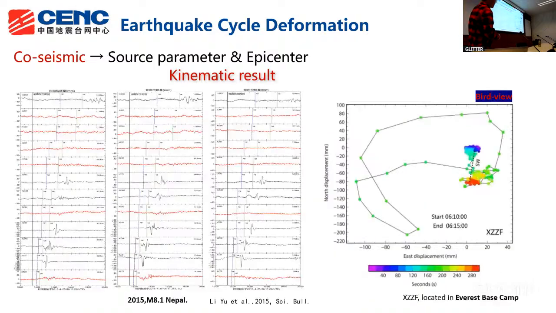If we have a lot of stations with kinematic results, we can arrange them by the distance between the station and the epicenter. So we can get this map. We can see the seismic energy from the near stations to the far stations, like a seismic wave.